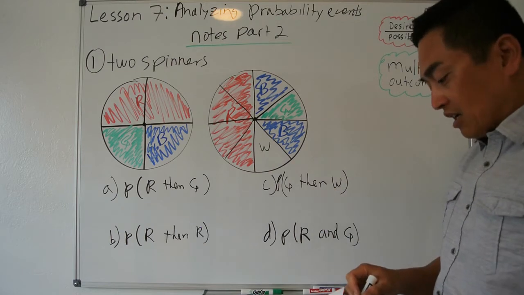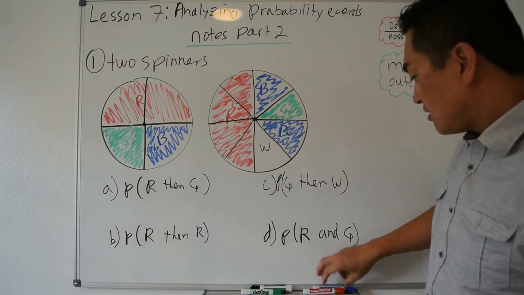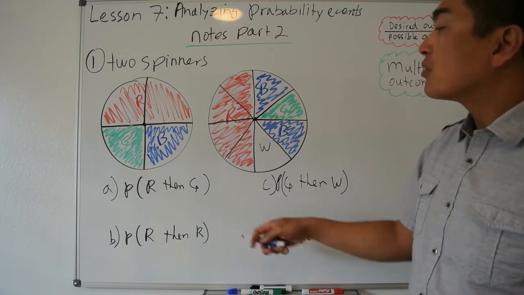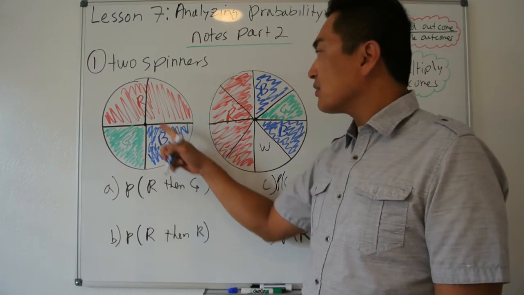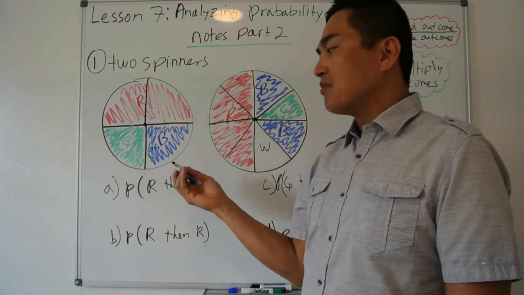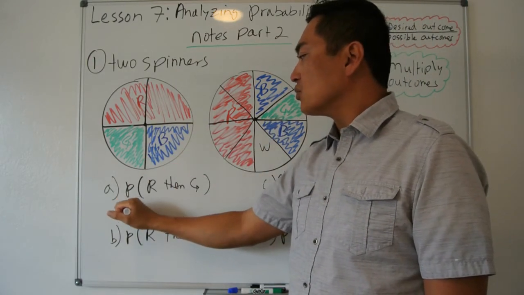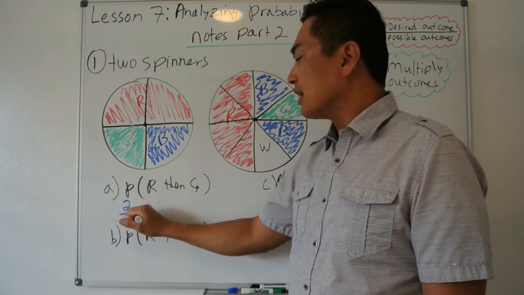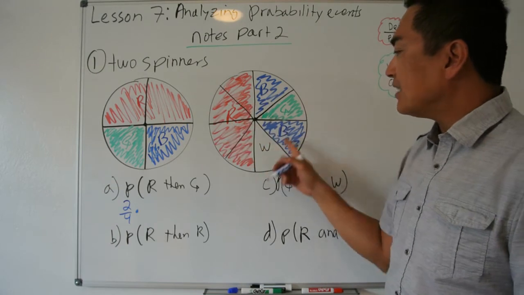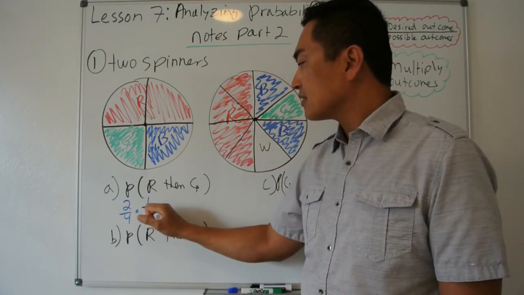For A, let me go ahead and use blue pen. For A, the probability of getting red, then green. Red is 2 out of 4. That's the same as 1/2. I'm just going to go ahead and write down 2 over 4. Okay, and then my second chance is getting green. That's 1 out of 8.